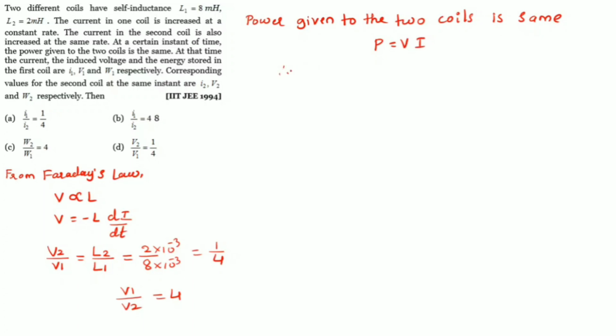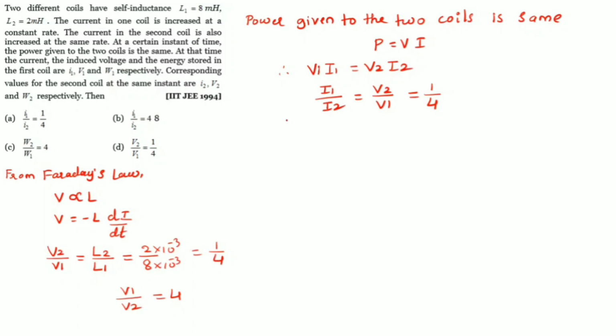Therefore we can write for the two coils V1 I1 equal to V2 I2, or we can write it as I1 divided by I2 equal to V2 divided by V1. So V2 divided by V1 is equal to what? 1 divided by 4.